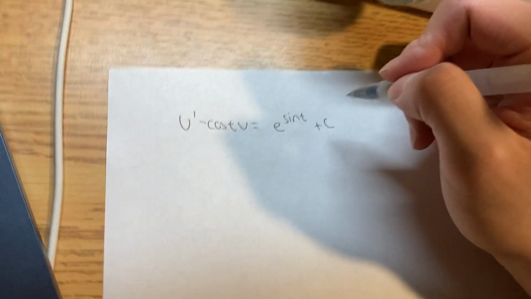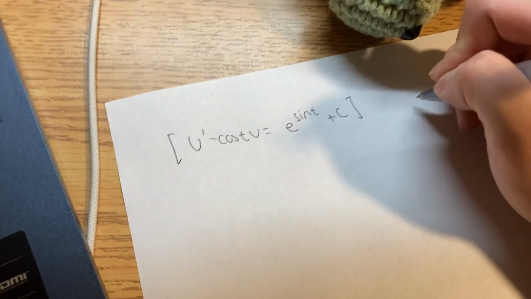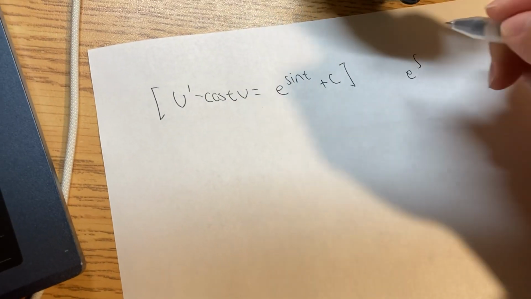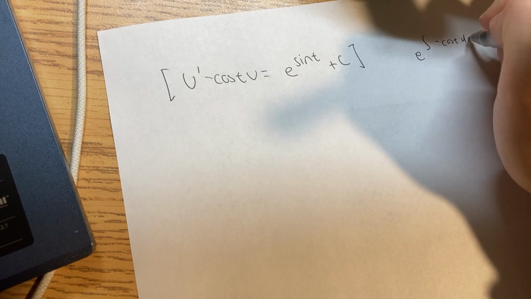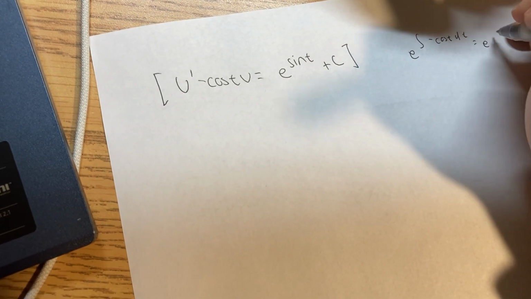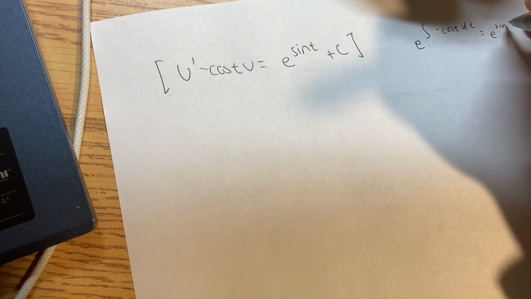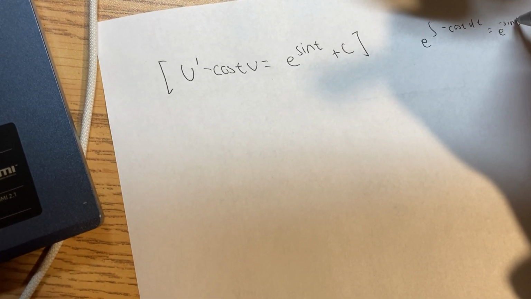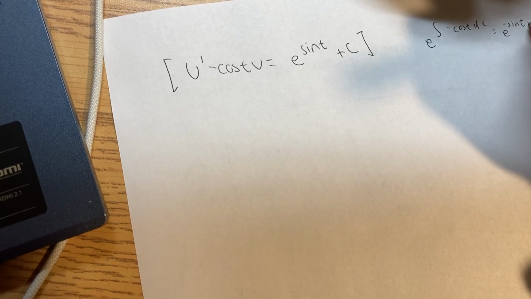Now we're going to multiply this entire thing by the integrating factor, which is just e raised to the integral of this function right here. The integral of negative cosine t dt is just equal to negative sine t plus some constant c.